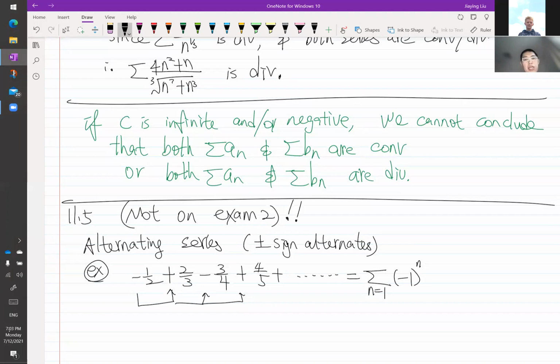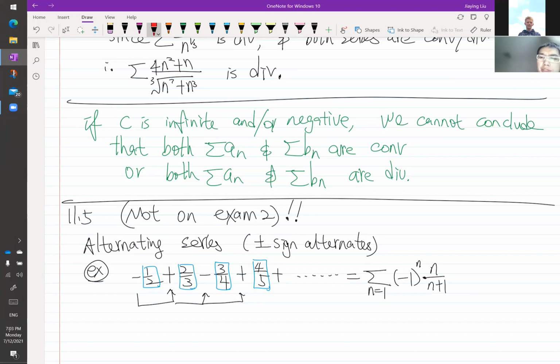That matches the sign in the series. Then multiply by the actual value, 1/2, 2/3, 3/4, 4/5. The numerator is 1, 2, 3, 4, so that's n, and the denominator is 2, 3, 4, 5, so that's n plus 1. That's the sigma notation for that series.